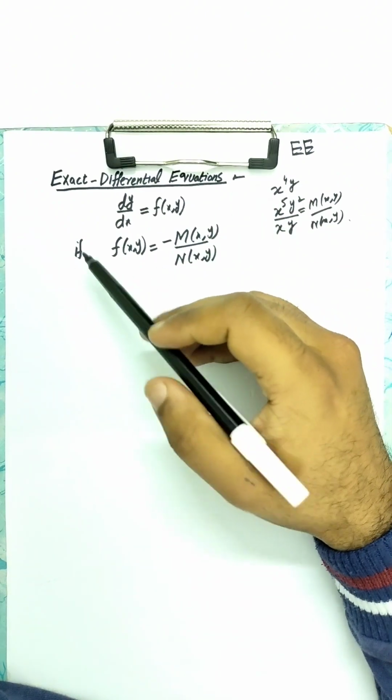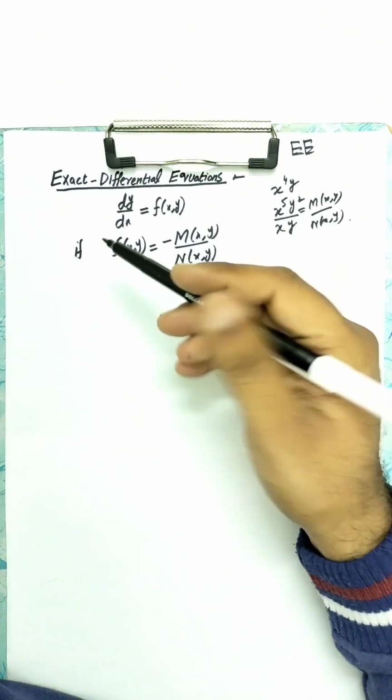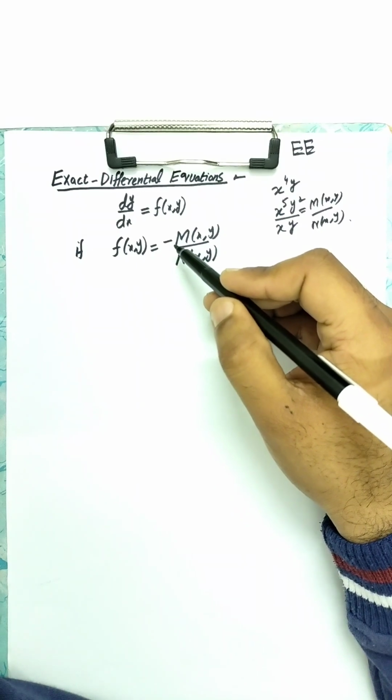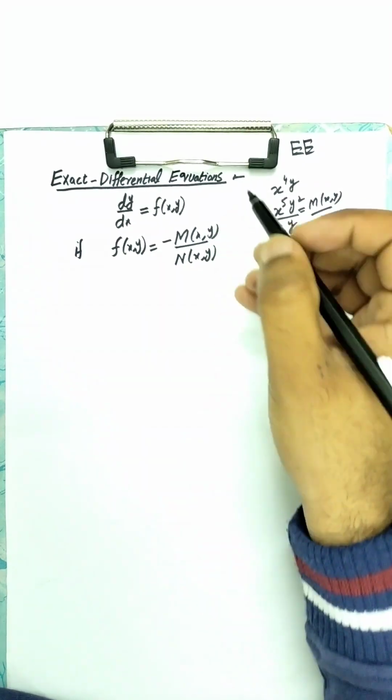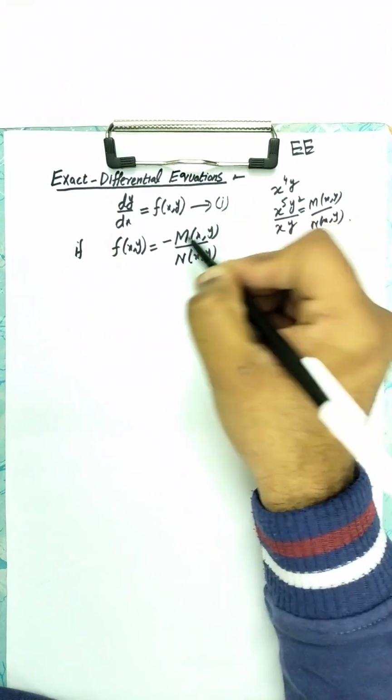So we put the condition here: if f of xy is equal to minus M of xy over N of xy, then this is our equation number 1.